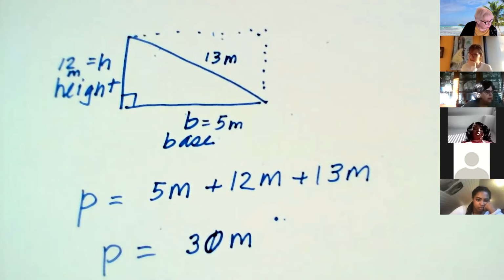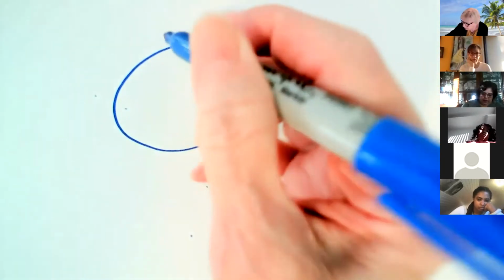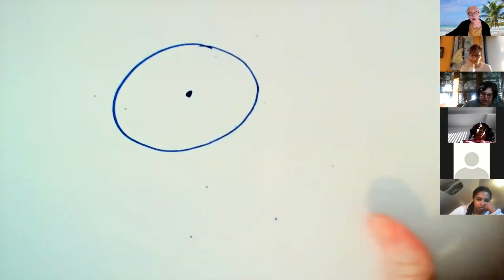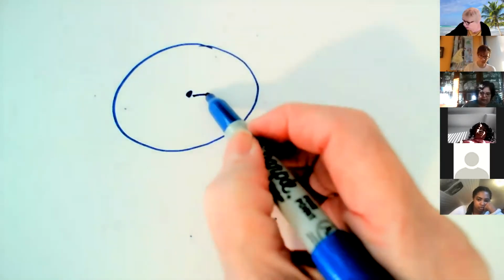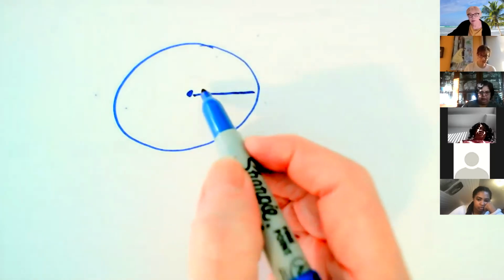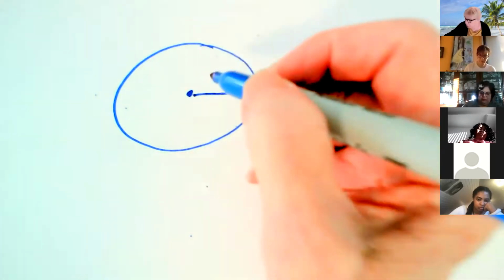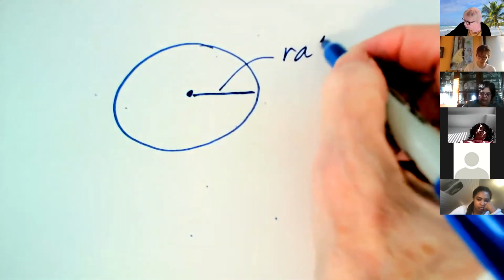So that should work. And so now we're into the circle. There's a center and there's a measurement from the center out, which is called the radius.